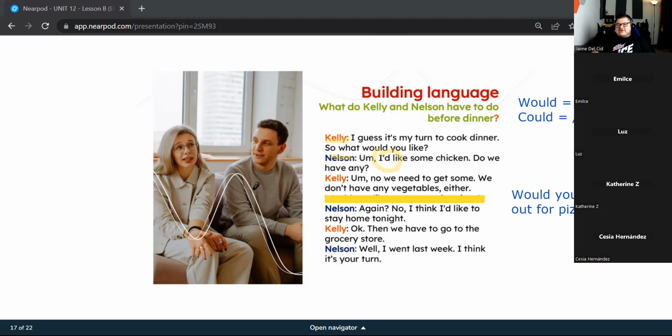Ya voy a explicar cómo se usa y para qué está ahí presente, pero ahorita solo voy a dar la idea de qué significa en este contexto. Lo demás lo voy a explicar en la siguiente diapositiva. Pero bueno, las palabras would y could se parecen un montón.